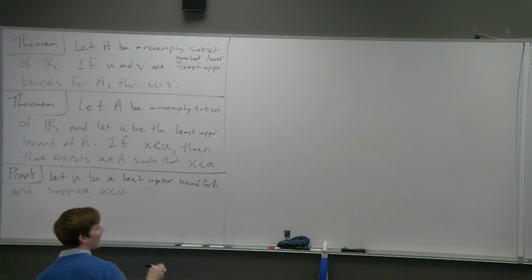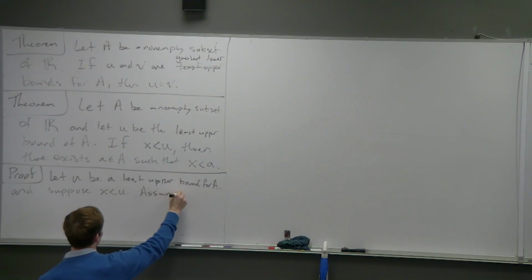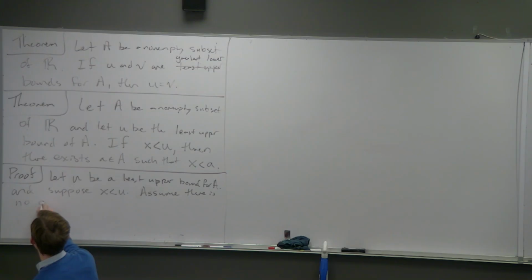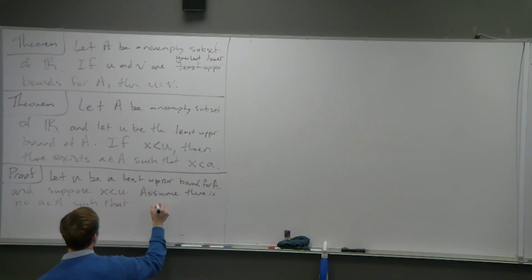We will go by contradiction, effectively. So assume there is no a in A such that a is greater than x.